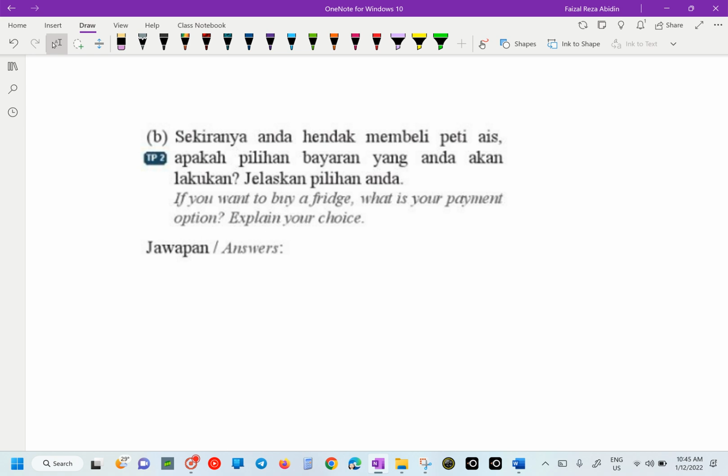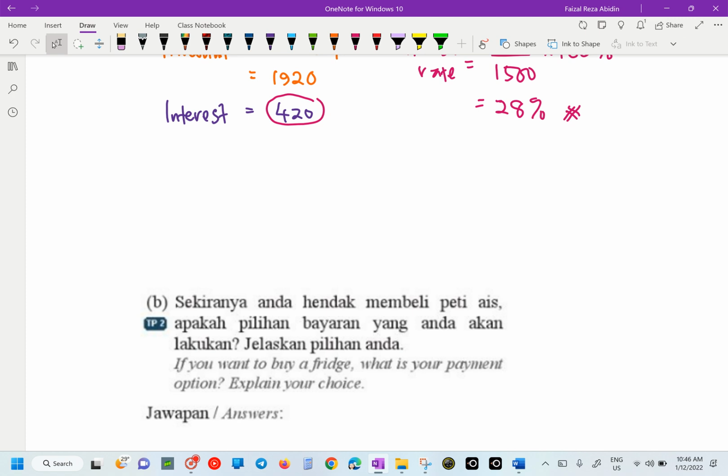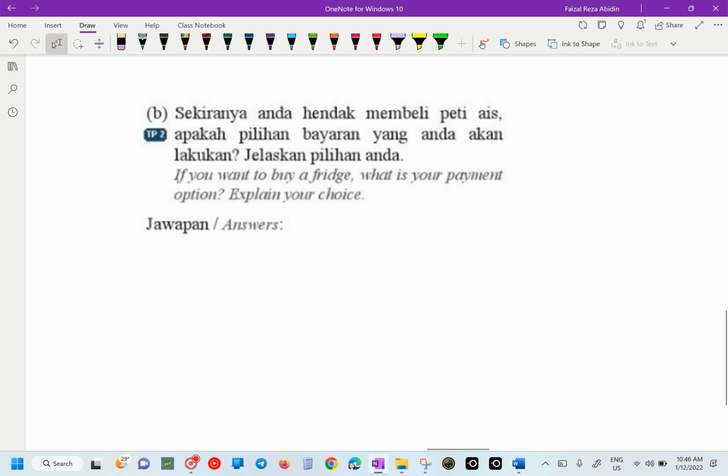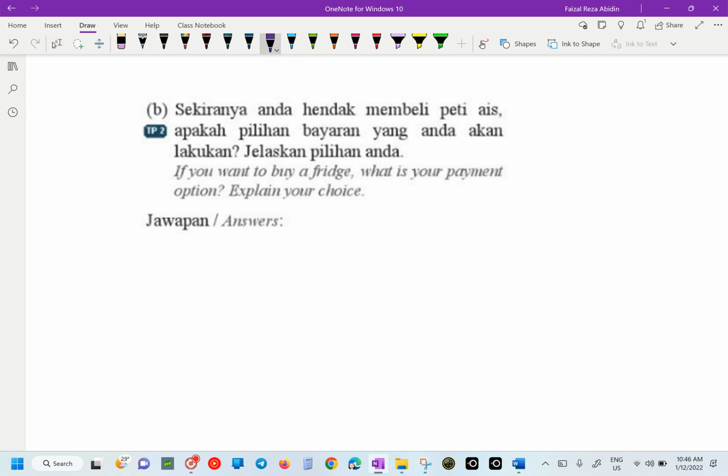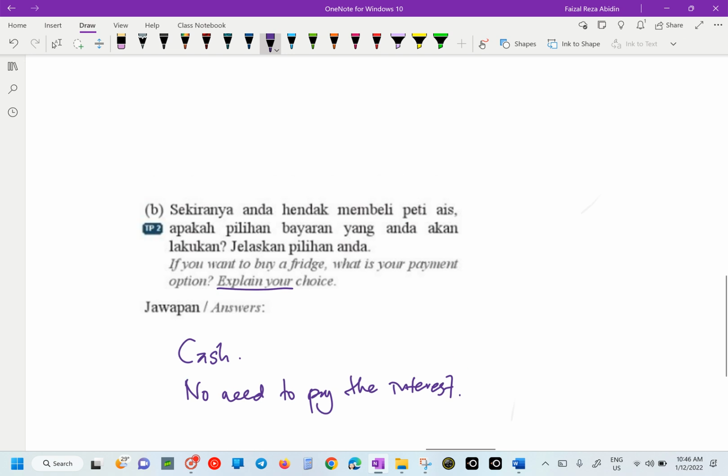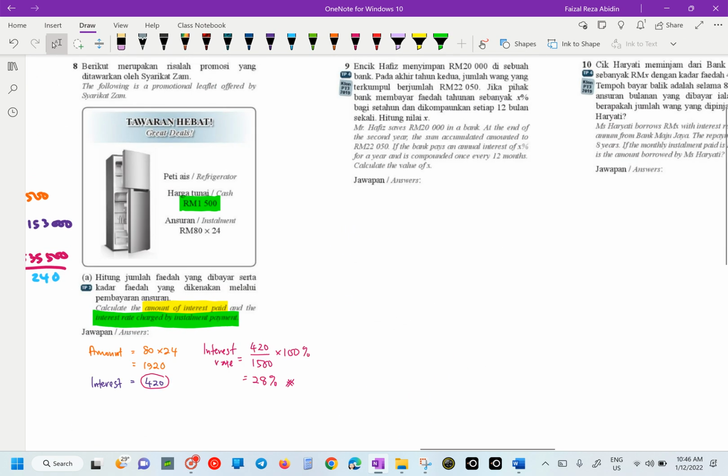If you don't have cash, you have to pay extra, 420. So we prefer cash, because there is no need to pay the interest. If you don't have cash, you have to pay.